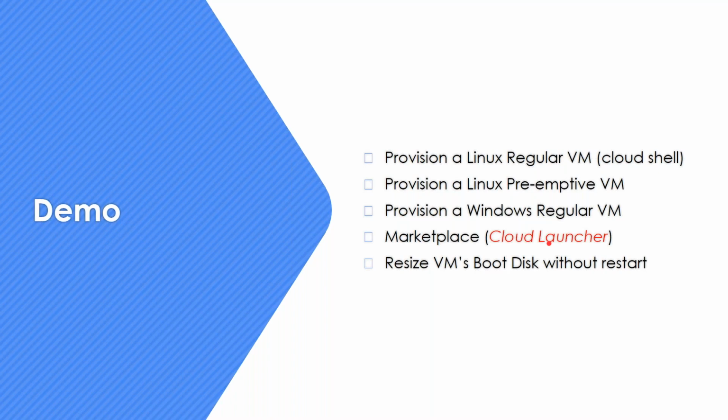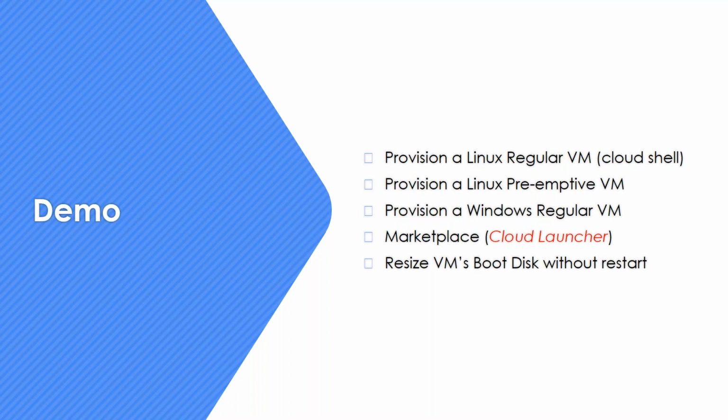It was not updated. Who knows, you may also get it if somebody has not updated the question bank. If you see something like Cloud Launcher, you should not be taken aback, but be aware that it is nothing but the marketplace. It's an older name. That's it.